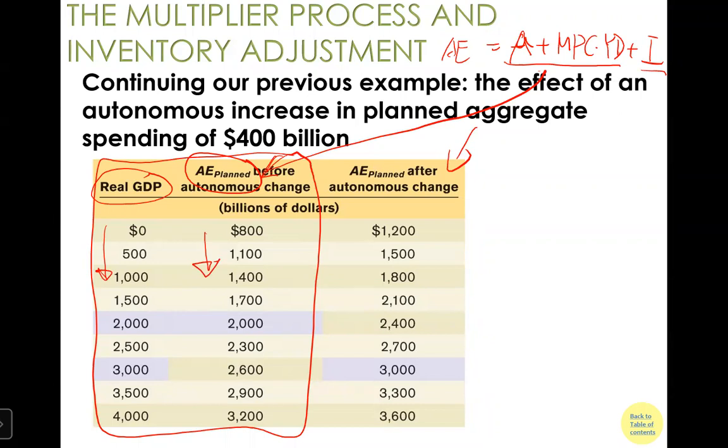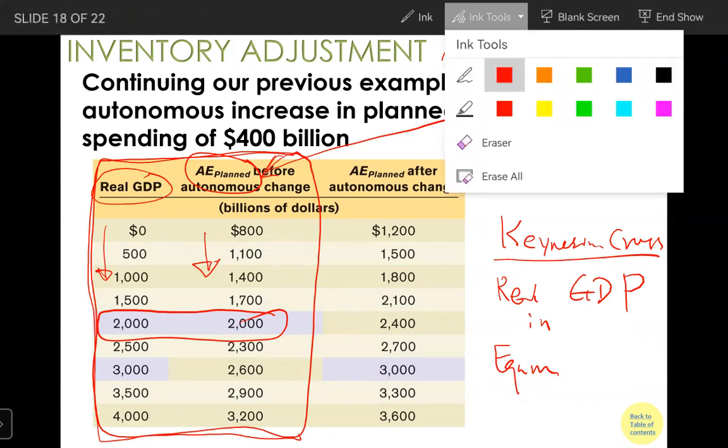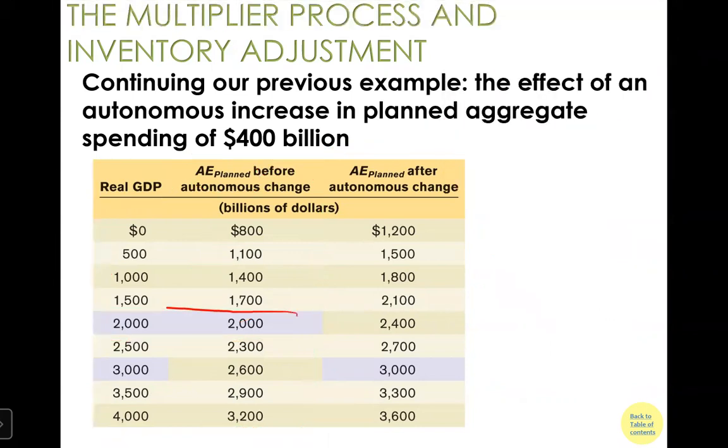Now, if we look at these first two columns, we can easily spot the Keynesian cross, or we can easily spot the level of real GDP in equilibrium, which is this row. Okay, this is the first step. Now let me erase everything and only leave this part, which is coming from these two columns.